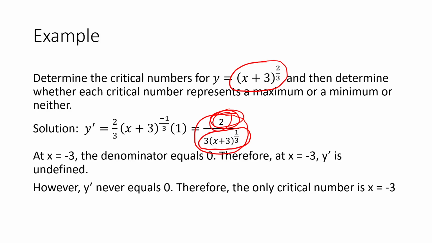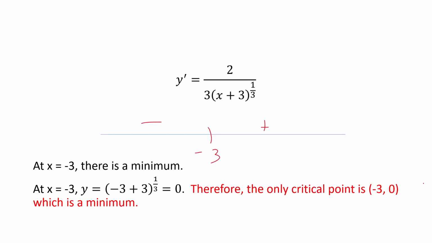So if we let the denominator equal 0, we get ultimately x plus 3 equal to 0, which means ultimately that x is equal to -3. The only critical number, for reasons said earlier, is x equals -3.